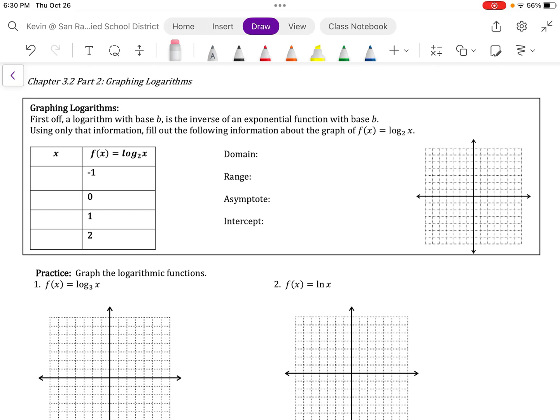So graphing logarithms. First off, a logarithm with base b is the inverse of an exponential function with base b. Using only that information, we're going to fill out the following information.